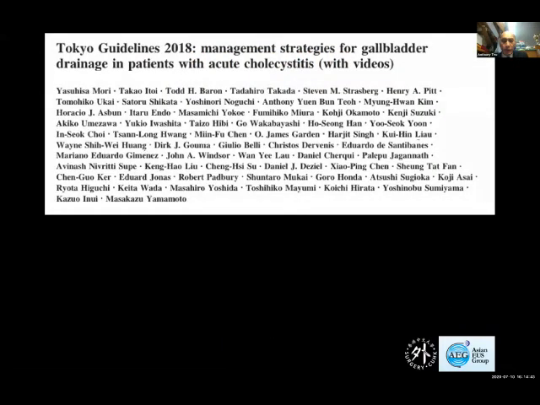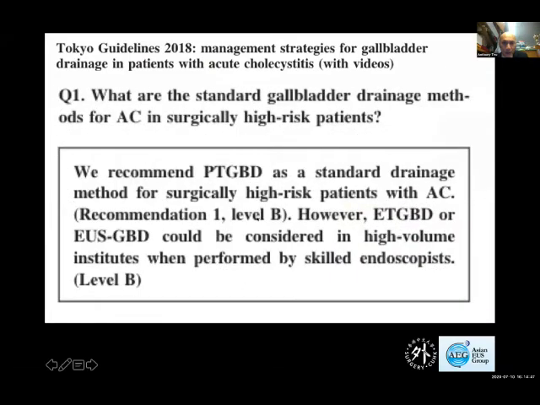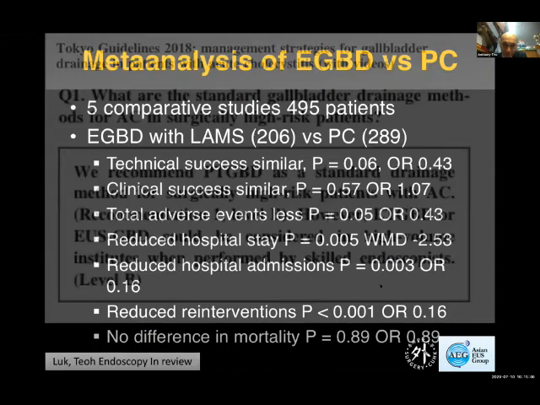EUS gallbladder drainage, as mentioned in the Tokyo guidelines, is one of the alternatives to PTGBD in patients at very high risk for cholecystectomy. Mainly in high volume institutes where it can be performed by skilled endoscopists.